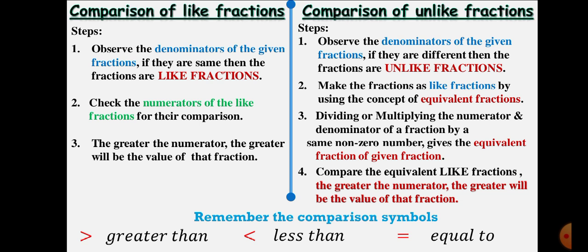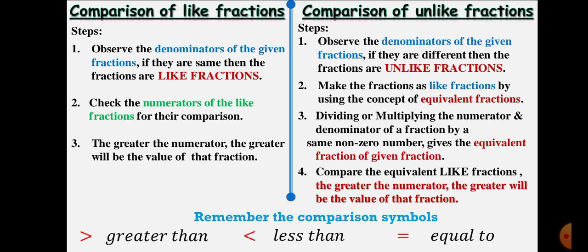So comparison of like fractions, how can we compare like fractions? Observe the denominators of the given fractions. If they are the same, then the fractions are like fractions. Then you have to check the numerators of the like fractions for their comparison.